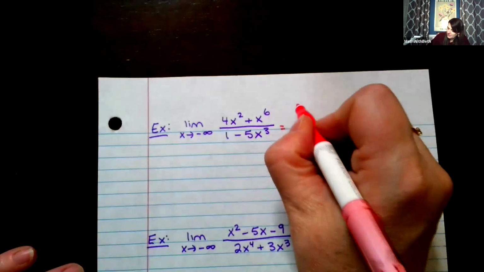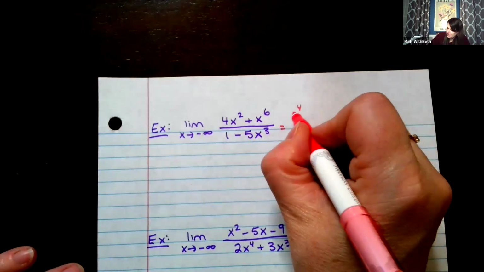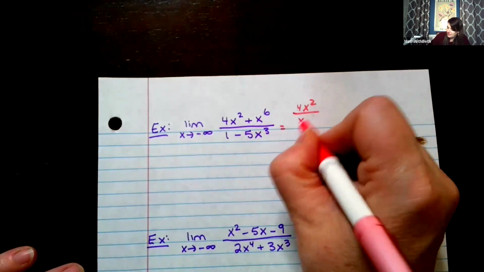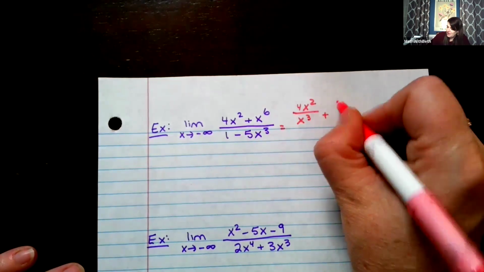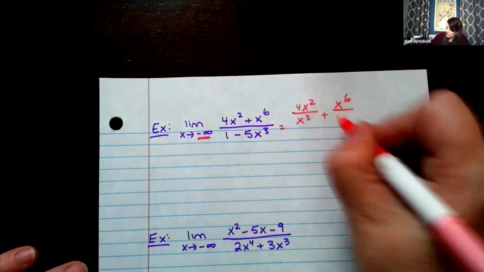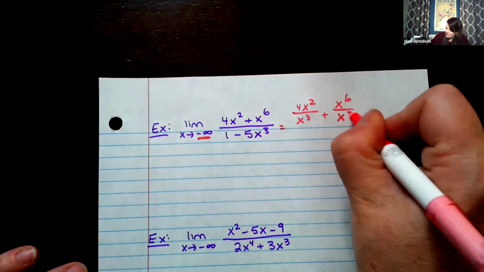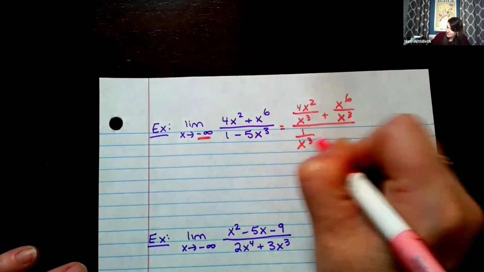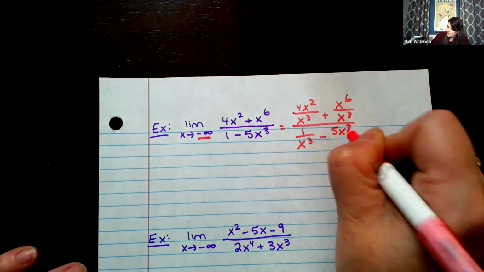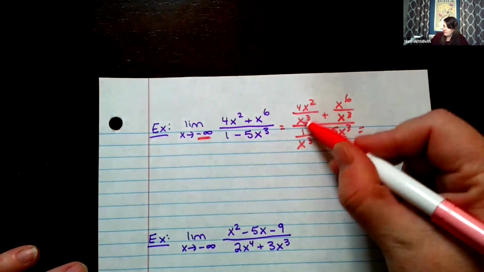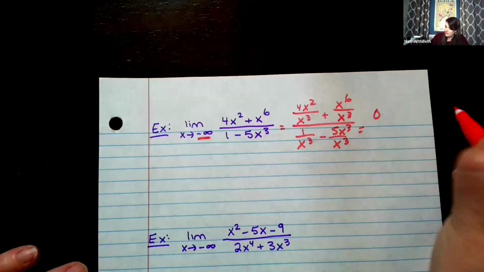This one, I'm going to be dividing everything by x to the third again. But the only difference, and I think this is even the same problem we just did, is we're plugging in negative infinity. So I just wanted to show you an example of one that was going to negative infinity. So this is the same one we did, I believe. So that would be 4 over x, so 0.